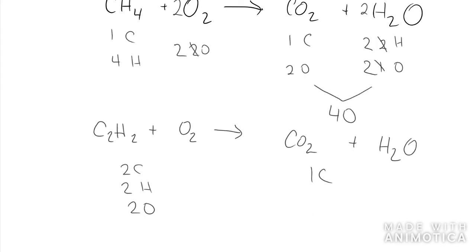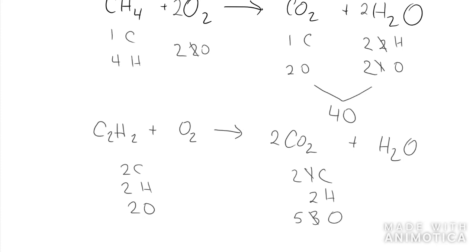Let's put this in the right order. Okay, so if I have 2 carbon over here, but only 1 over here, I'm going to have to multiply. That will switch that. 2 times 2 is 4, plus 1, that will give me 5. My hydrogens are even, my oxygens are not. So there's 2 ways to deal with this.